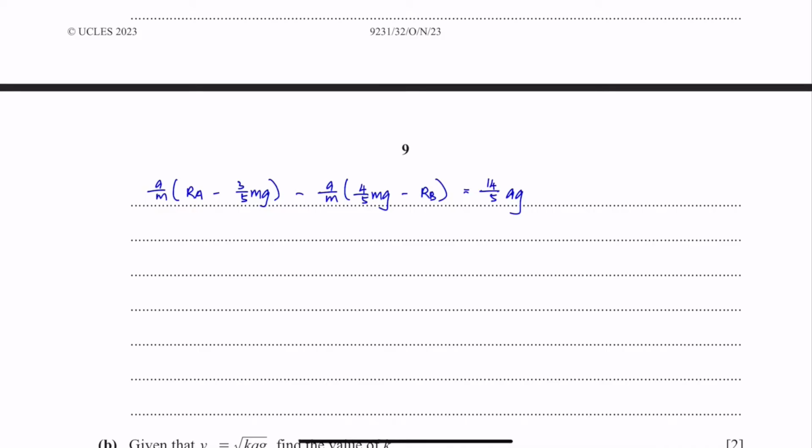So Ra minus 3 over 5 mg minus 4 over 5 mg plus Rb equals 14 over 5 mg, and Ra plus Rb would be 21 over 5 mg.